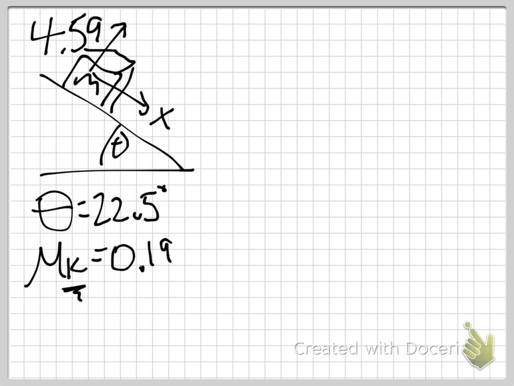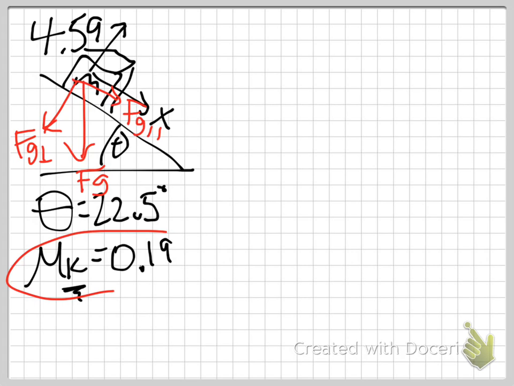So if we change colors here and do a free body diagram, we have FG, which we break into FG perpendicular and FG parallel. The fact that there's friction here tells me that there's some FFK in this direction, and there's also a normal force there.